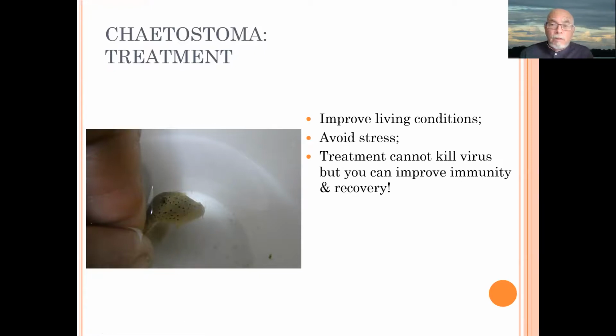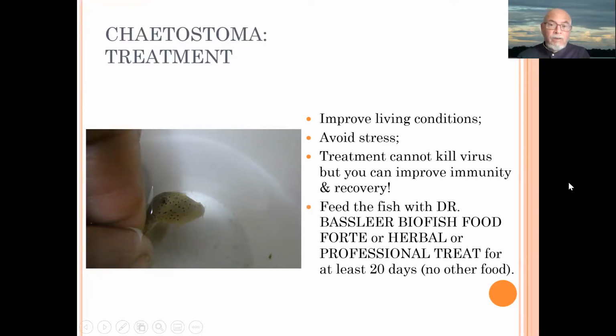When you give the fish a good strong immunity, the fish can fight off many diseases and can recover very fast. And we recommend for the hobbyist to apply our specific Dr. Bassleer Biofish Food Forte, which has beta-glucans as an immune stimulant, or the herbal, which has some 4 herbs inside to help fight off bacterial and parasitic infection and helps the fish to recover.